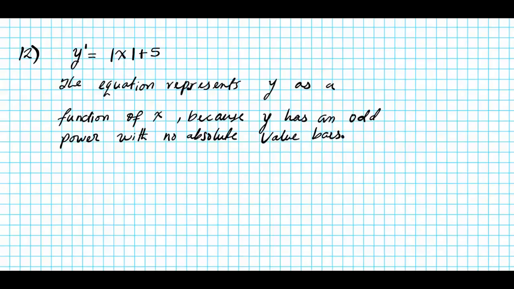All right, so that's just an easy way to algebraically determine if the equation is that of y as a function of x or not. You can also use the graph and say the graph passes the vertical line test. That will also be a good conclusion.